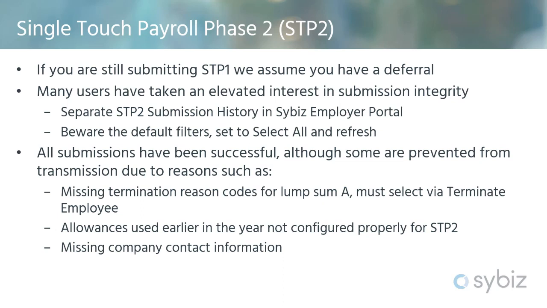And again, pretty easy fix, just go to the allowance items, but just bear in mind that it may not be an allowance that you've used in recent pays. And finally, the missing company contact information, that's only cropped up once or twice, but they're essentially the three reasons why we've seen submissions getting blocked. But once the submissions get through, we've got that 100% success rate.